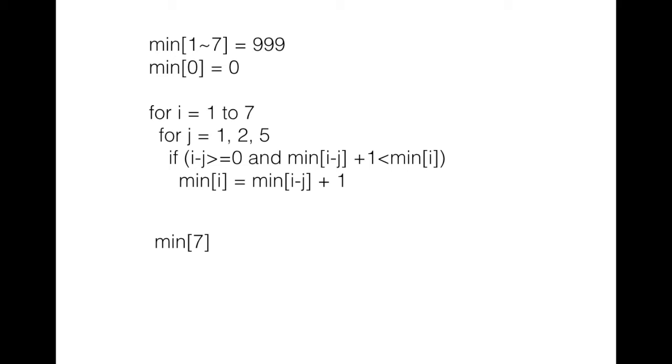Finally, you update your array, which contains the best, say the minimum count, of all the sub-questions. And now, the answer to our question is just the value in the array at index 7, right?